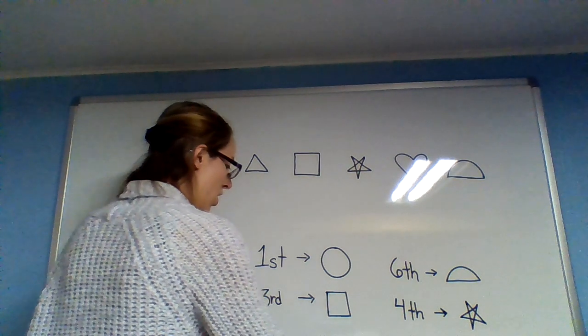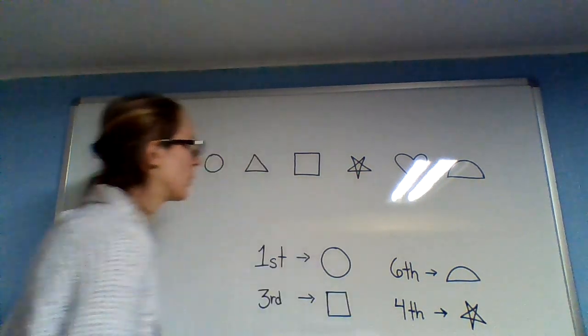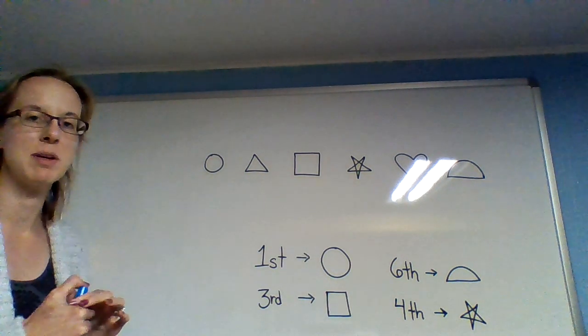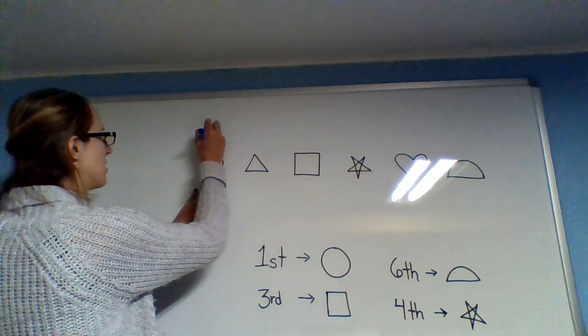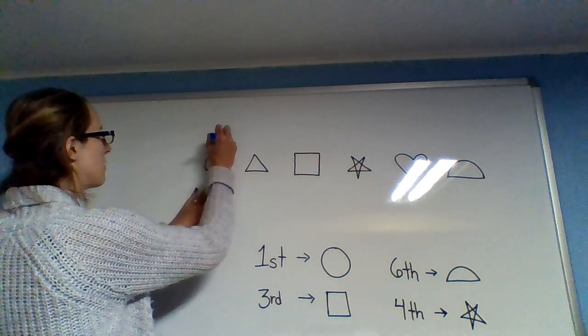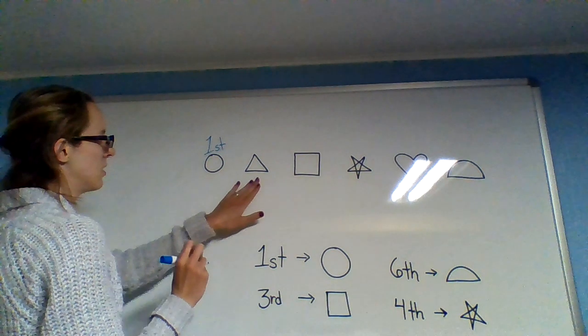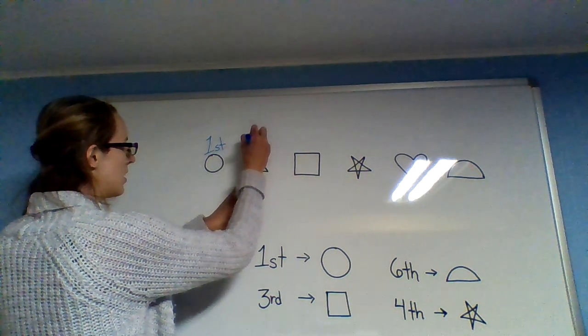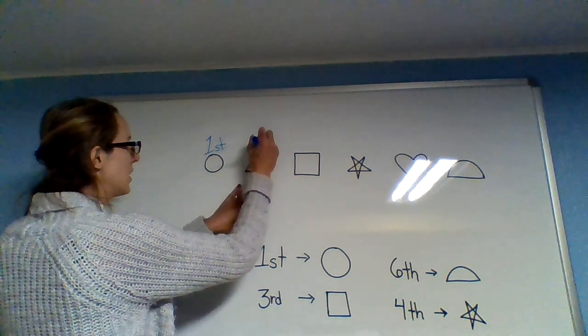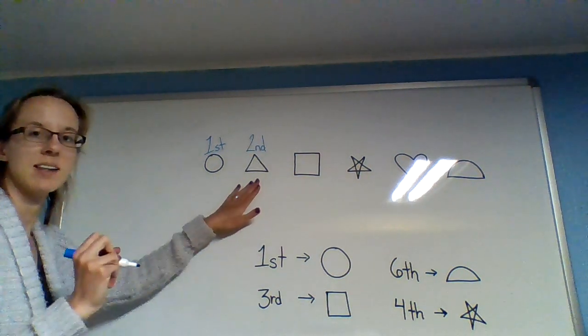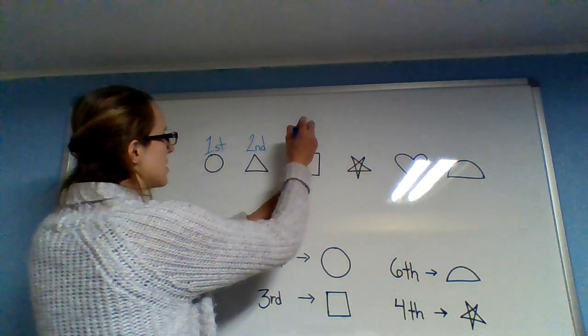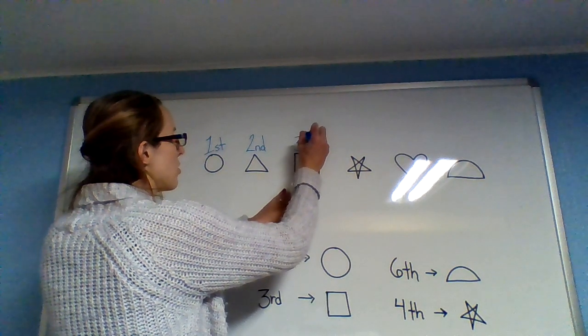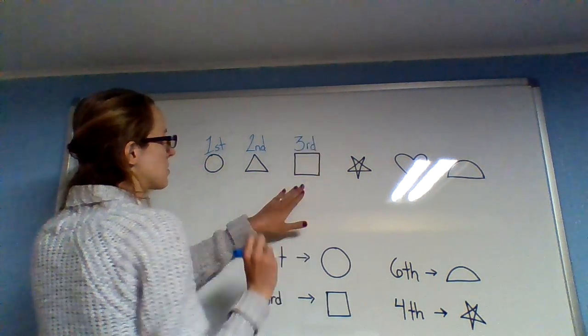I can label all the spots up here with those words. See if you can help me do it. The circle is in the first spot. The triangle is in the second spot. The square is in the third spot.